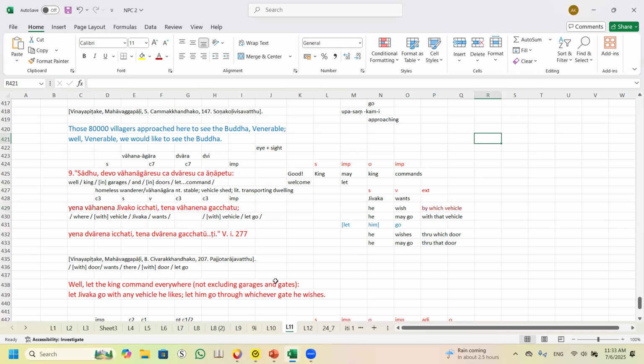By which vehicle, this part, by which vehicle? This one, can you see? This one and this one. You remember Yena and Tena joined together. That means when you see Yena dot dot dot Tena, normally you say Yena you put where?